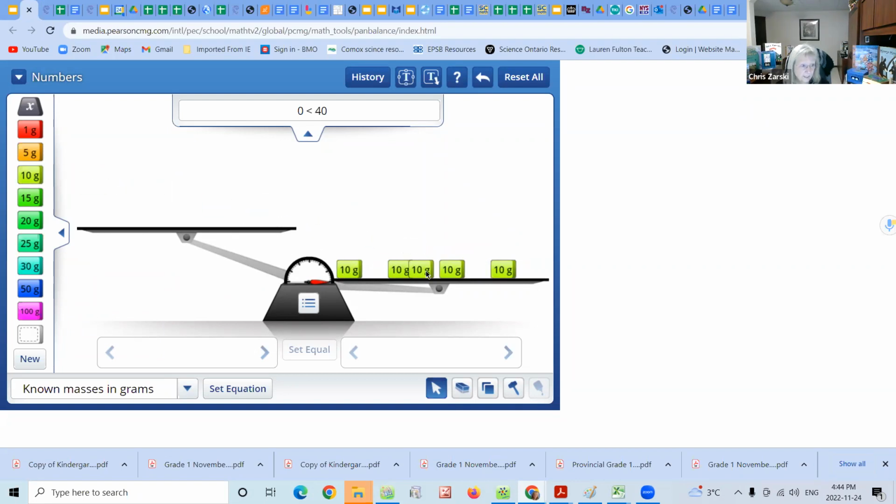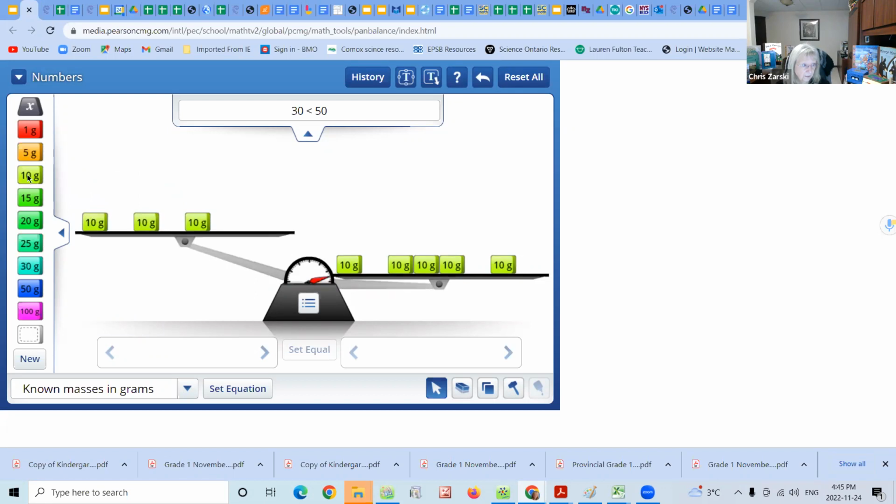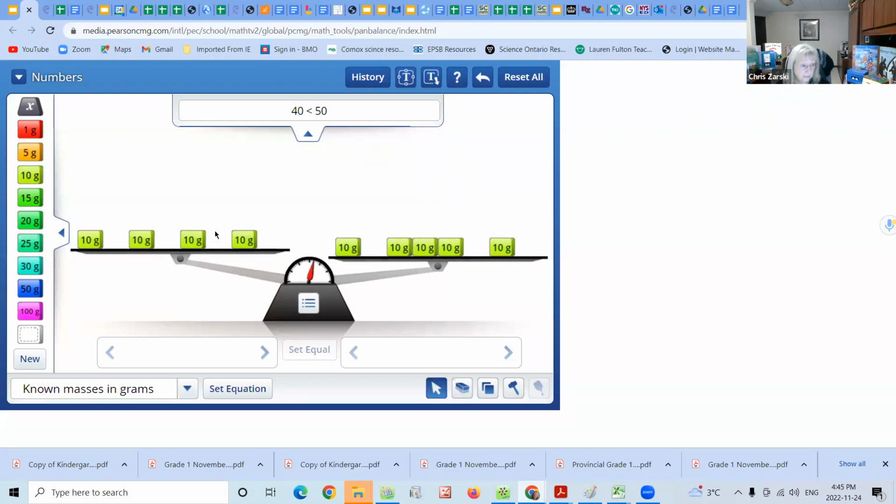And our question was, is that more or less than 40? So if I've been skip counting or counting money at all, I might know that 2 20s is 40, but maybe I don't. Let's just stick with 10s. So I put my 4 10s, 10, 20, 30, and 40. Okay, not quite balanced. So a good question would be, what are you missing?